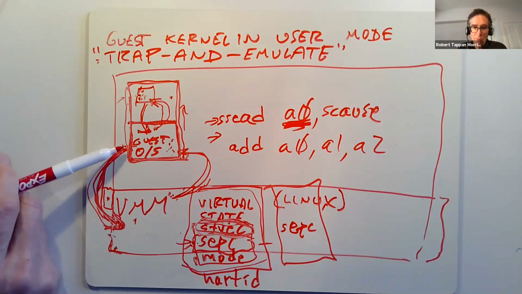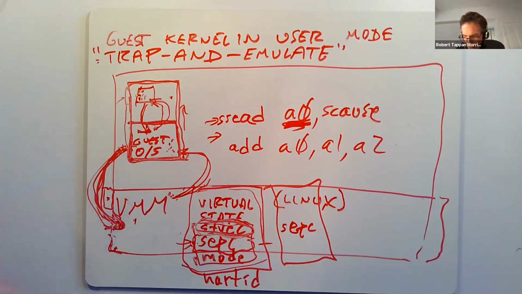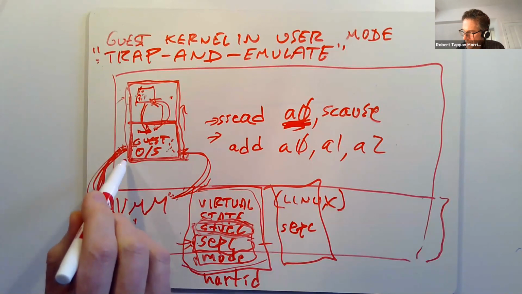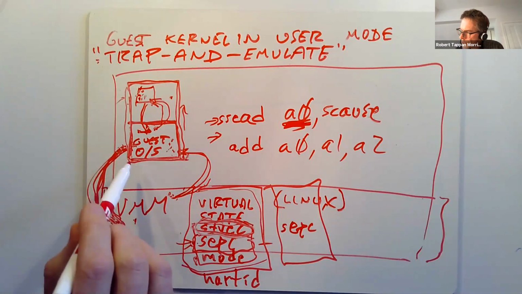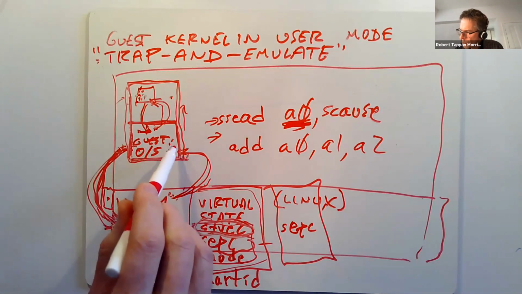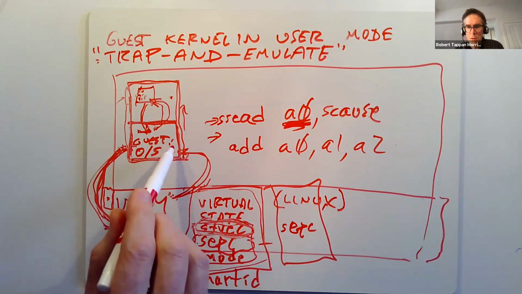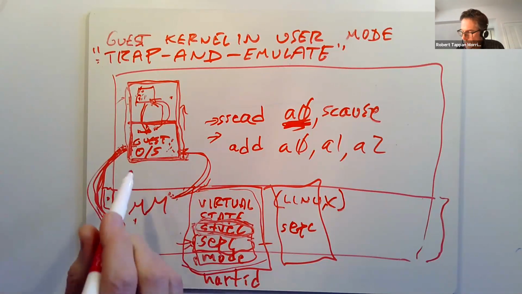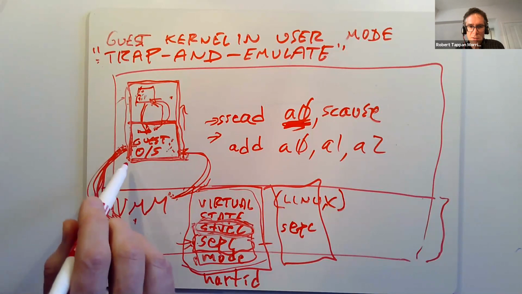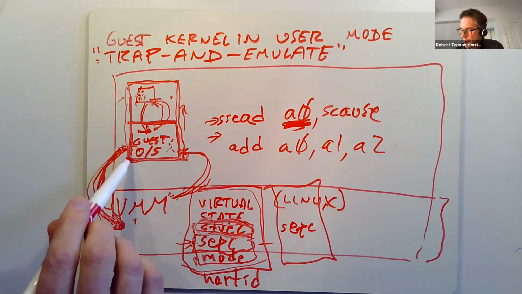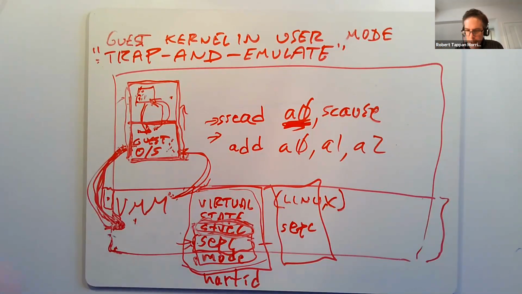But we do need to do something to the SATP, because we need to provide the illusion to the guest operating system that, yes, indeed, the page table has been changed. And more than an illusion, when the guest software runs load and store instructions or fetches instructions to execute, we need those to come from the right place, from the place that the guest operating system pointed its page table entries to.